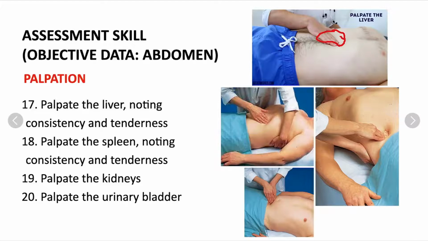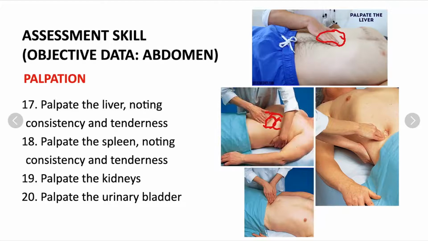Okay, so after the liver, you would be palpating your spleen. This is the stomach and this is your spleen. So you can do palpation by two hands. Your dominant hand would be over the patient, and assisting on the back of the patient would be your non-dominant hand, pushing it upwards for you to be able to palpate it better.